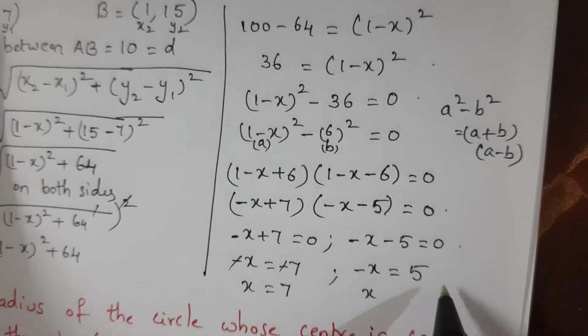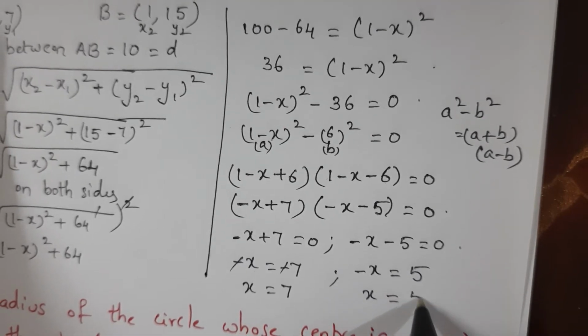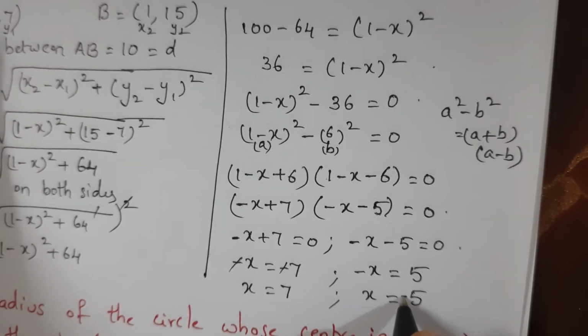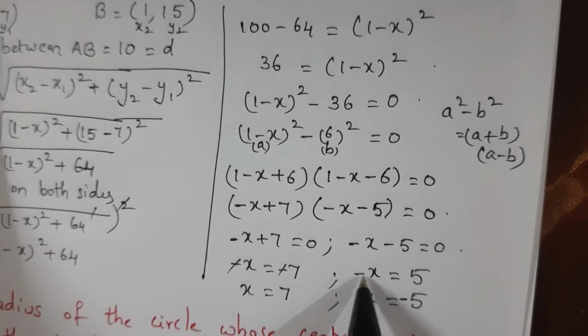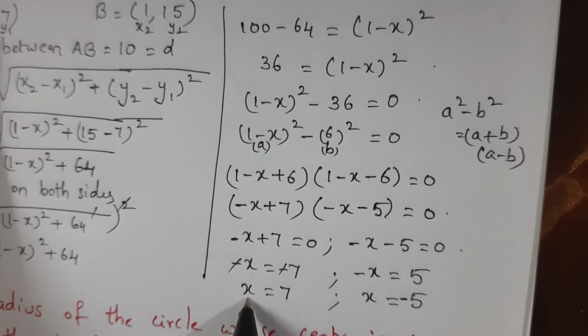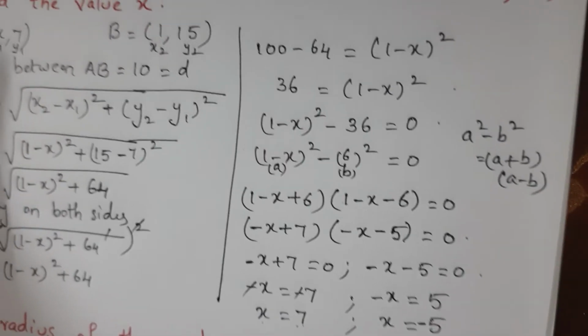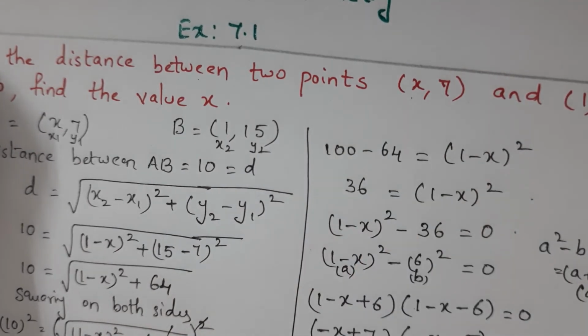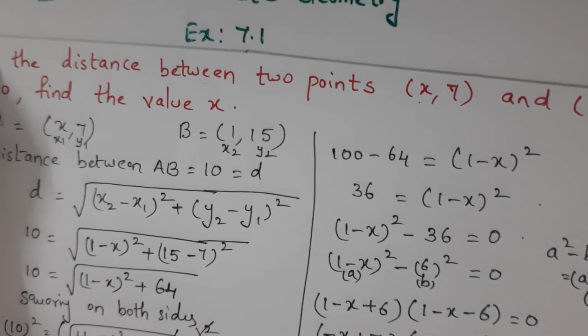So if we multiply this with minus, x is equal to minus 5. Therefore the values for x can be 7 or minus 5. So here the x value can be 7 or minus 5.